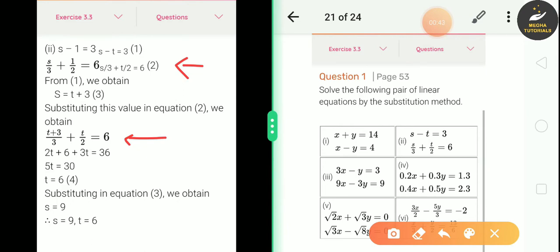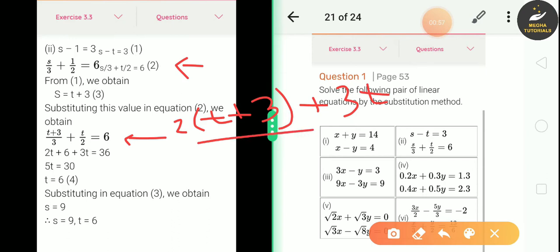Then take the LCM of the denominators. So here you will get 2 into (t plus 3) plus 3t upon 6 is equal to 6. Then we can transpose this 6 to the RHS.